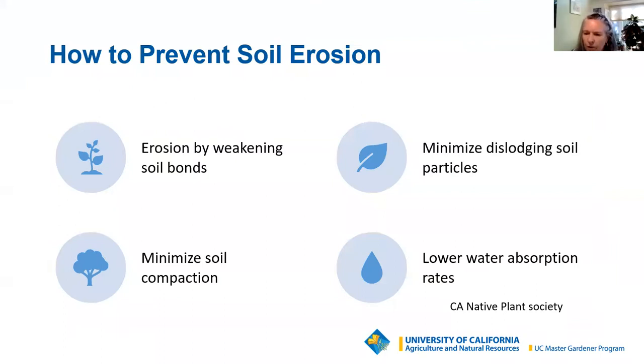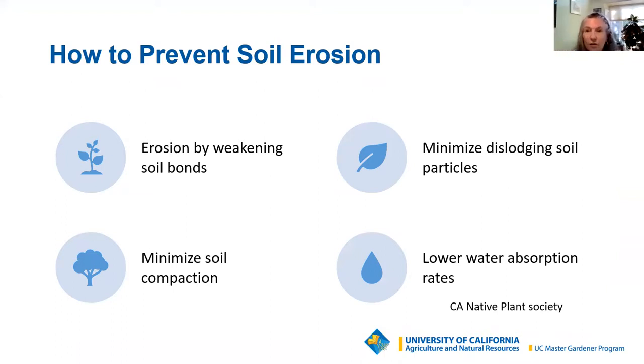Now we're starting to address the more in-depth factors of soil erosion, how to prevent soil erosion, and creating that overall plan and itemizing what makes your focus. Native Plant Society recommends minimizing foot traffic, equipment, and disturbance on burned landscapes because the erosion weakens the soil bonds, and that's how they're held together.